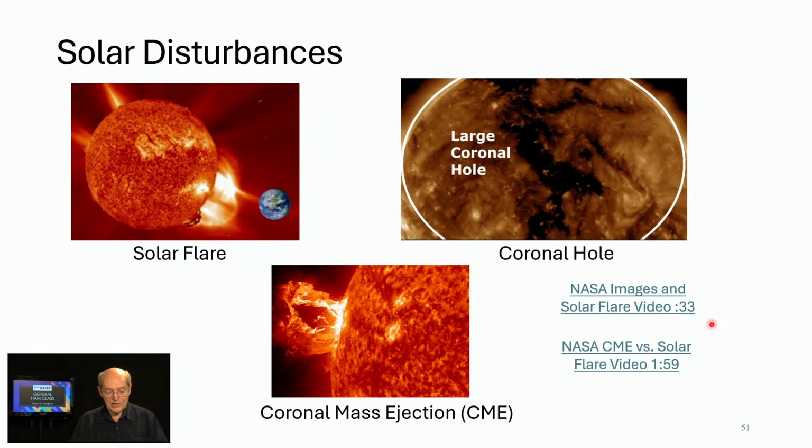We won't bother to actually look at them right now for sake of time, but here's some pictures. And these videos are fascinating. I'd encourage you to go look at these if you have the time and interest to do so. In this one here, it looks like the sun is having a baby, almost.